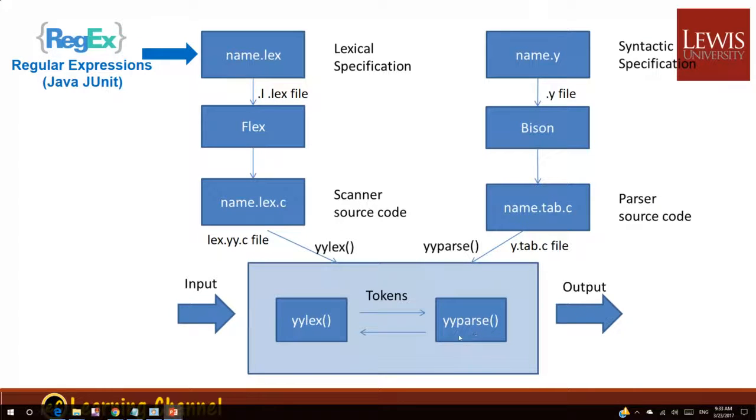So yyparse is right here, and the tokens being passed to yyparse will generate a certain syntax tree, or the context-free graph or tree, and then that will be used to generate the intermediate form and the target code.